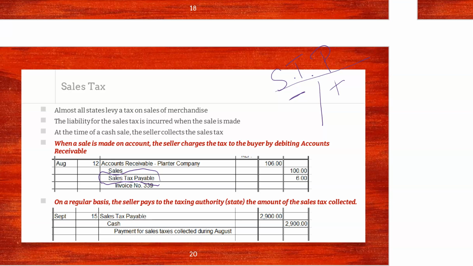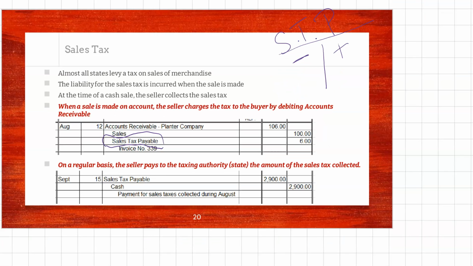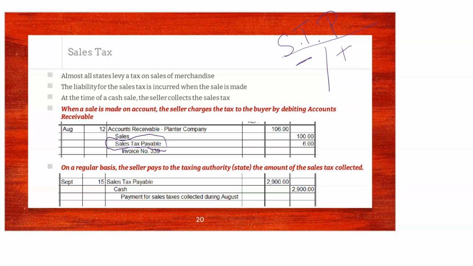Now, on a regular basis, we make that payment. So when you make the payment of the sales tax, you're going to reverse it by debiting sales tax payable and crediting cash. In this example here, it's for $2,900. That's a large amount of sales tax, including the $6 that we previously recorded.